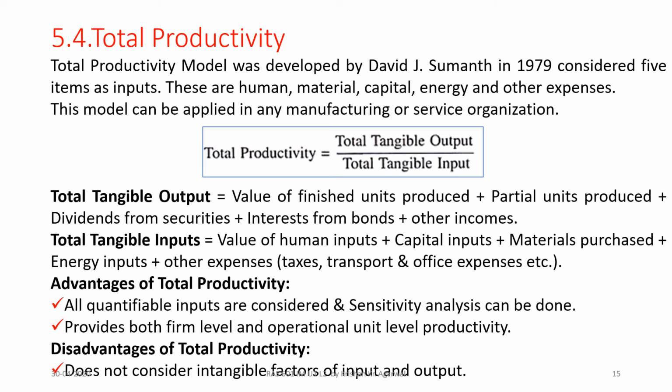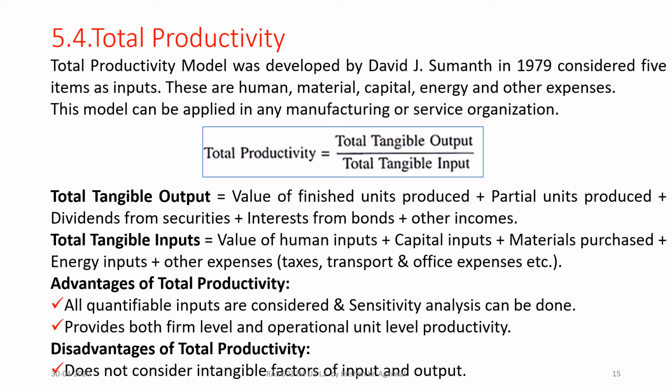Then it comes like the value of finished units produced and partial units produced, like units under processing, and it also considers the dividends from the securities, interest from the bonds and other income. All these things come under the category of tangible output. If we sum up all these values, then we'll find out total tangible output in terms of money.